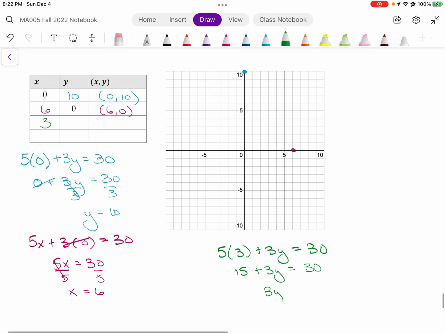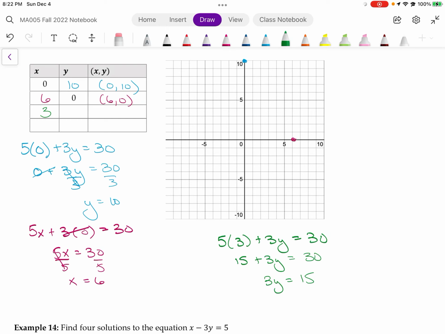So 3y equals 15, and now you see why I chose 3. So divide both sides by 3, and I get y equals 5. So 3, 5. All right, so 3, 5 ends up being right there, and that does look like it's on the line. And then I would just draw a line through all of these points.